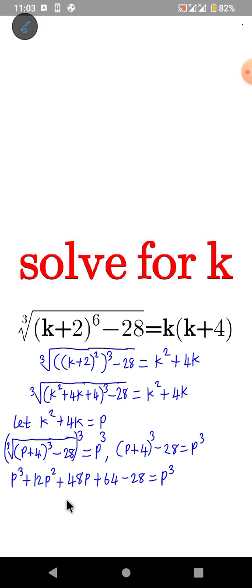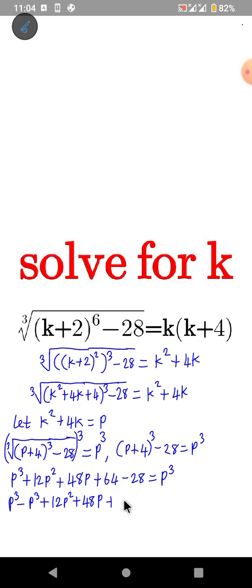Then we continue again. Now I'm going to take this p raised to the power of 3 to the left hand side. So we now have p raised to the power of 3 minus p raised to the power of 3 plus 12p square plus 48p, then 64 minus 28 is going to give me 36.